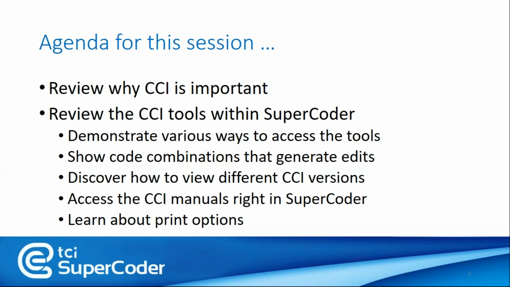I'm going to show you how to access different versions of CCI, Medicare, Medicaid, and OPPS. We have all of those within SuperCoder, and I'm going to show you that. We also have the CCI manuals right there in SuperCoder, and I'm going to show you how to access those. And then I'm going to show you how you can actually print out the results that you generate in your CCI Edits Checker tool so that you can use those for education or appeals purposes.